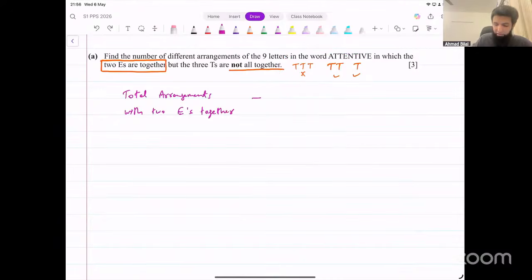Subtract from that the arrangements with the 2 E's together and all T's together.